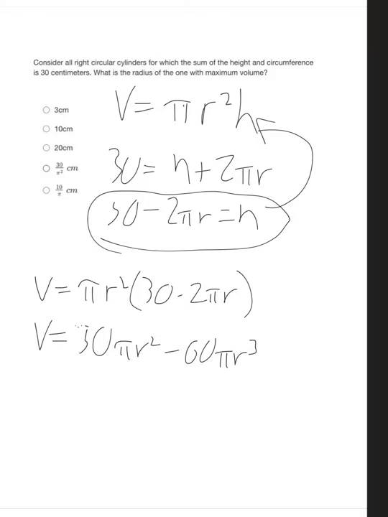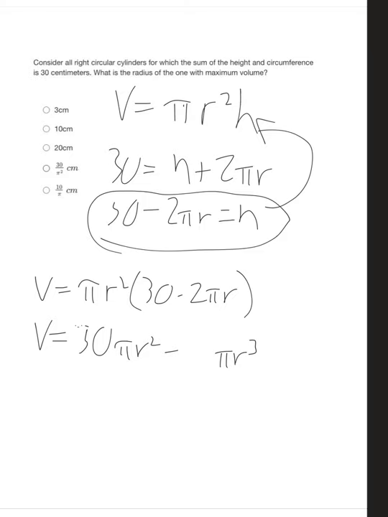Then I take the derivative of that. Wait a second. I'm ahead of myself here. That's not a 60. That's just a 2. Hopefully you're looking at it and thinking, what are you talking about, Mr. Shields? That's not even close. Where'd you get 60 from? Getting ahead of myself. Sorry.